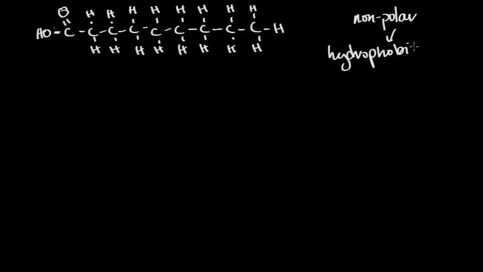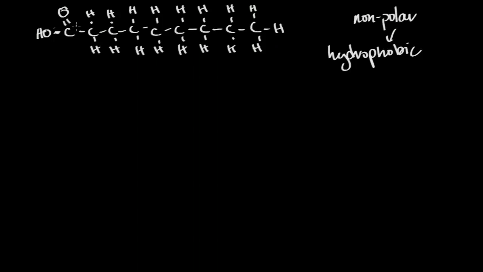So think back to the Pogel. So this would be hydrophobic. But this would be a fatty acid, and this is a component of fat. Okay, so you need to be able to recognize these, and we'll continue to talk about this as we go through this unit, but you need to be able to identify these from their structure.